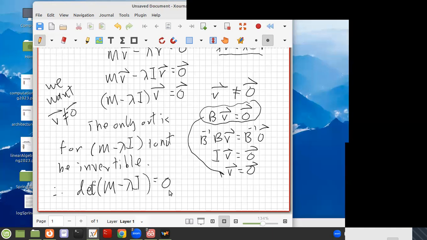What it means is that if I brought that matrix to row echelon form, then it would have diagonal entries along the long diagonal. And if all of those entries were not 0, it would be invertible because there'd be no free variables, right? And so as a result, one of those values has to be 0 because there has to be a free variable. But if there's a free variable, that means that one of those diagonal entries is 0, so the determinant is 0.